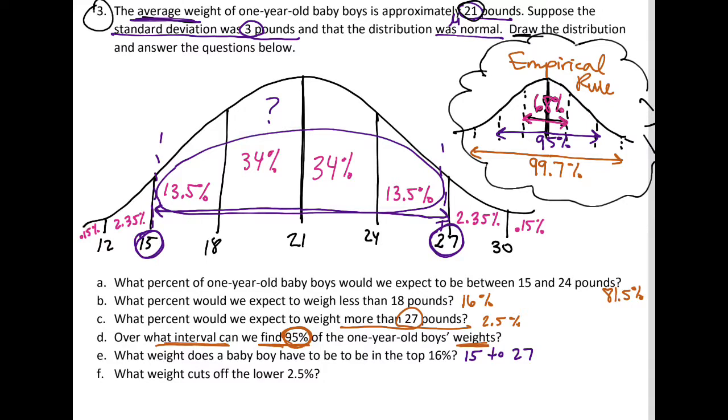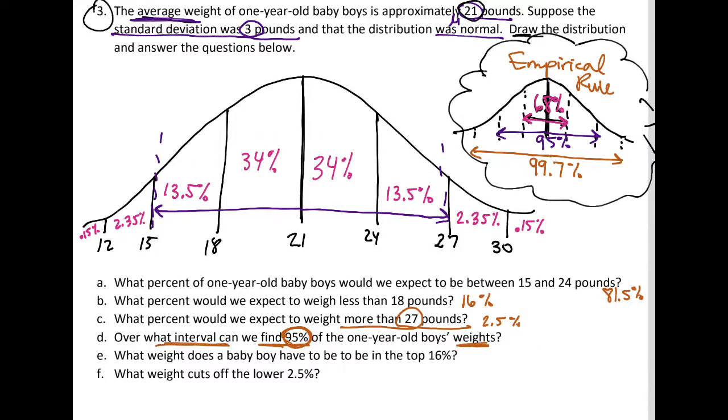It's asking the question backwards. All right, let me undo so my graph won't remain messy, just as I did before. So we have 15 to 27.